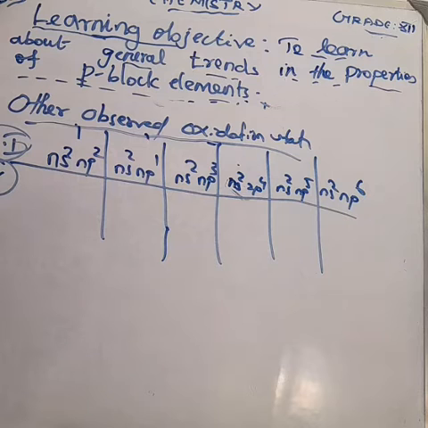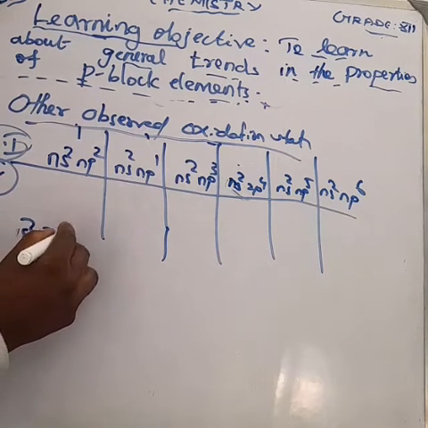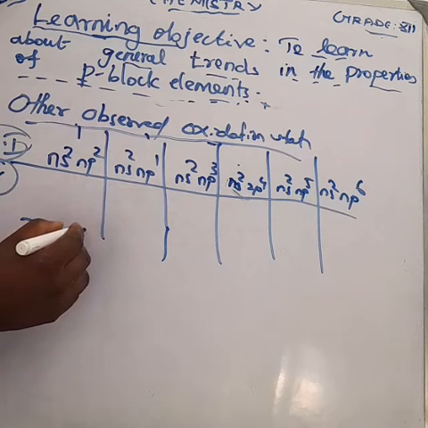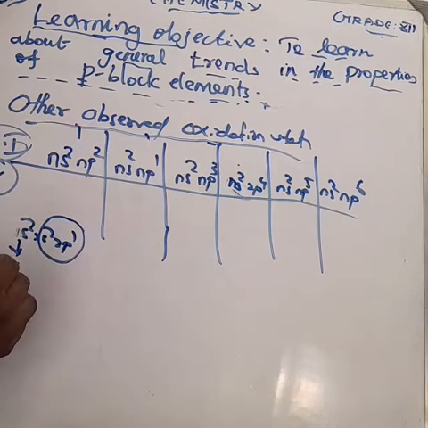Here, first I am writing the boron electronic configuration. What is the atomic number of boron? 5, am I right? The electronic configuration is 1s2, 2s2, 2p1. The 1s is stable, am I right?